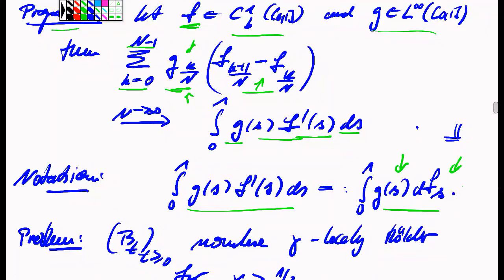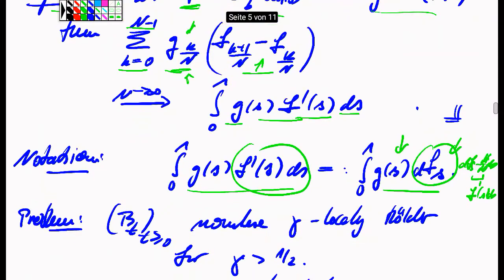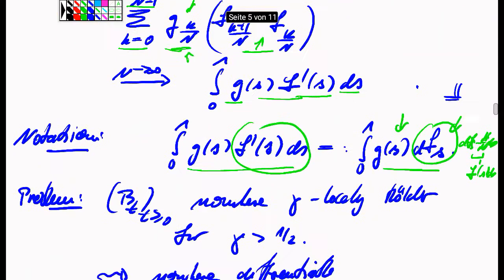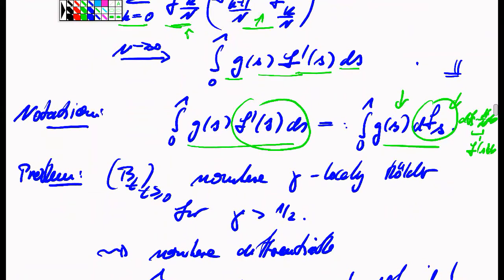So if we write df_s, formally it's the same, because we can replace df_s by df_s over ds times ds, which in the first factor on the right-hand side is another way to write f prime of s ds. So this replacement of f prime ds by df_s is consistent with our different notations for infinitesimal quantities.